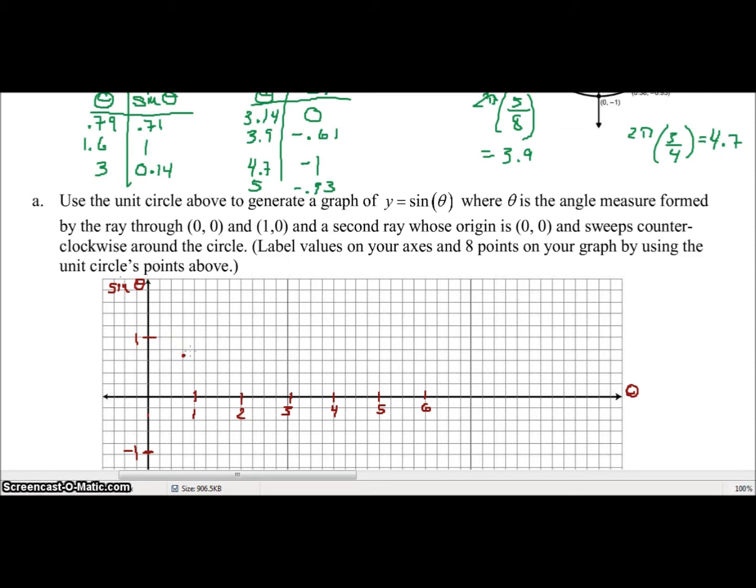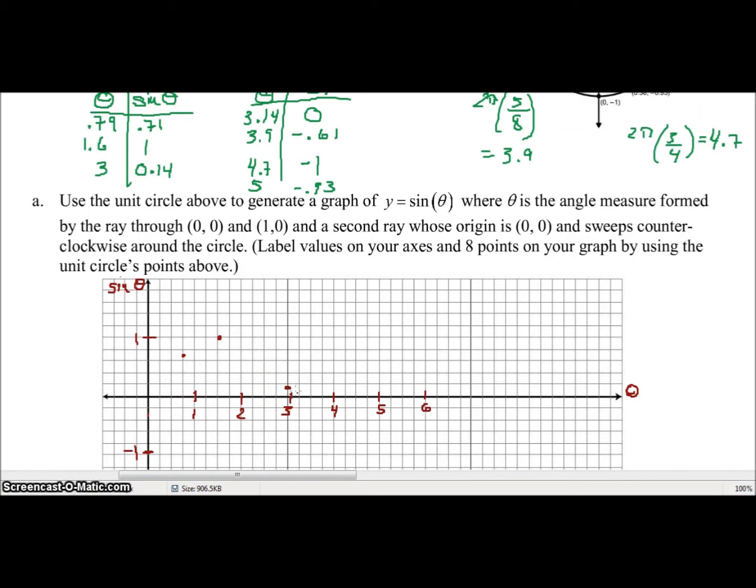Then at 1.6 we're at 1. So 1.25, 1.50, 1.6, we're at 1. Then at 3 we're at 0.14, not very high.